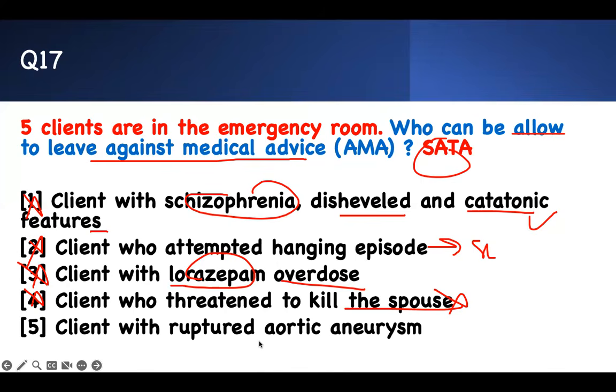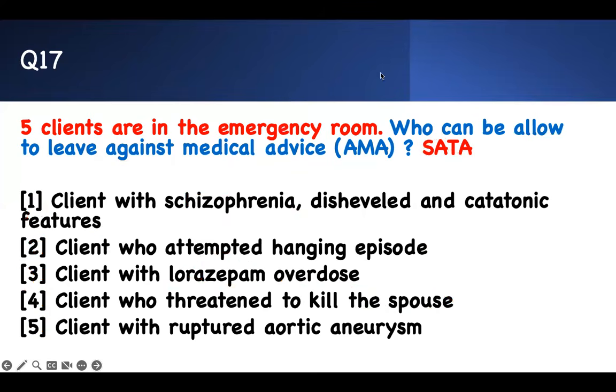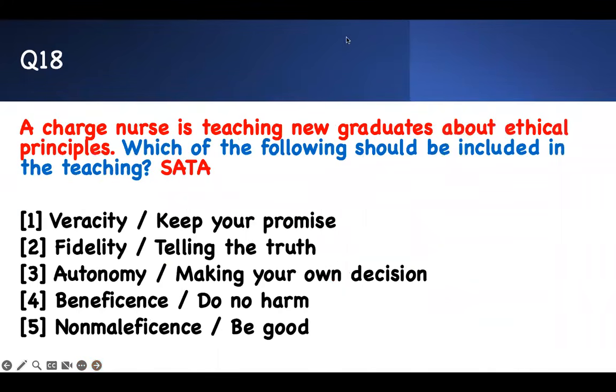Is there anything there that tells you he cannot take care of himself? Is he overdosed? Is he going to kill anybody or do anything? No, there's nothing there. This client can leave if he wants to leave. If he wants to stay, we will take care of him. So that's not a problem at all. So 5 will be allowed. Only 1. Number 18.